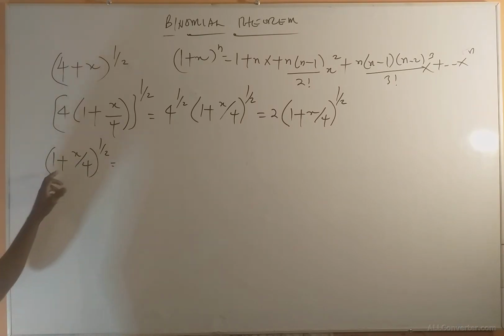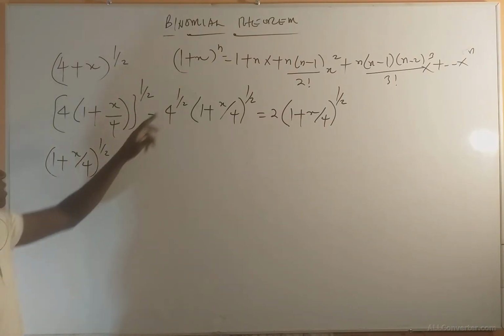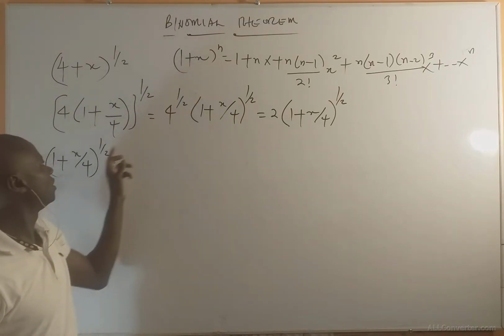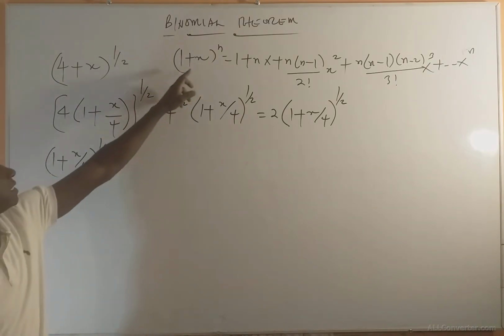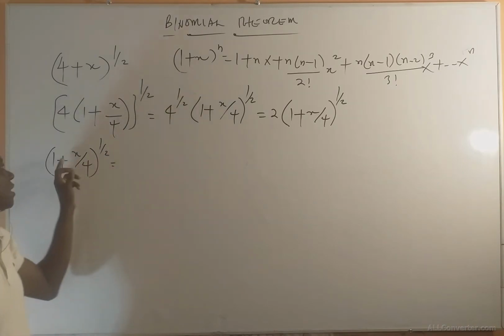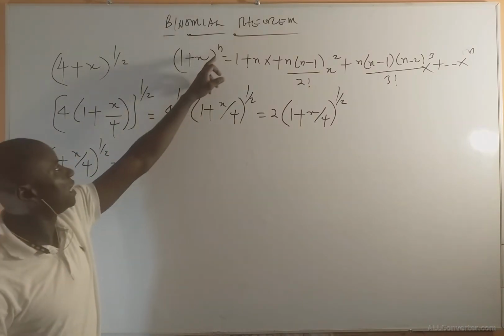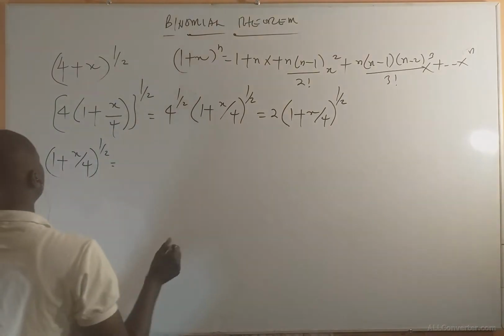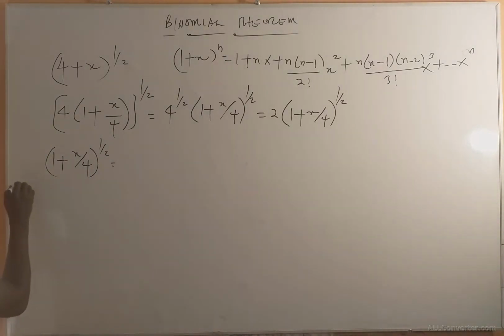So realize that 1 is the same 1 here, but your x now is x/4, and your n now is 1/2. So wherever you see x in this expression, you substitute x/4, and wherever you see n, you substitute half. So take note that our x now is x/4, and our n now is half.